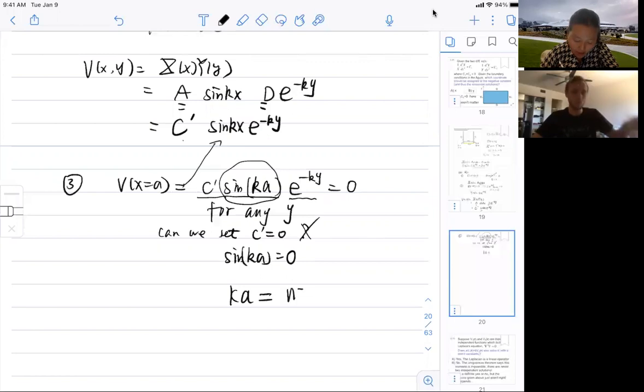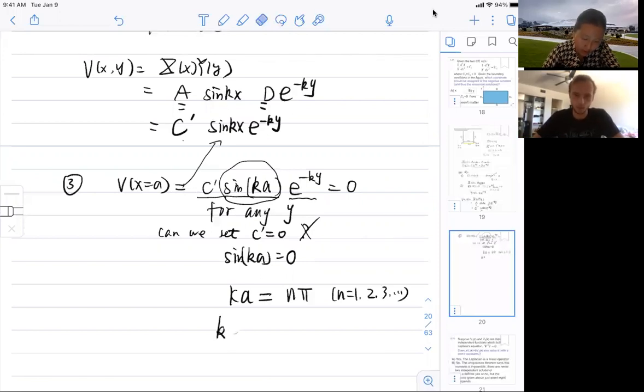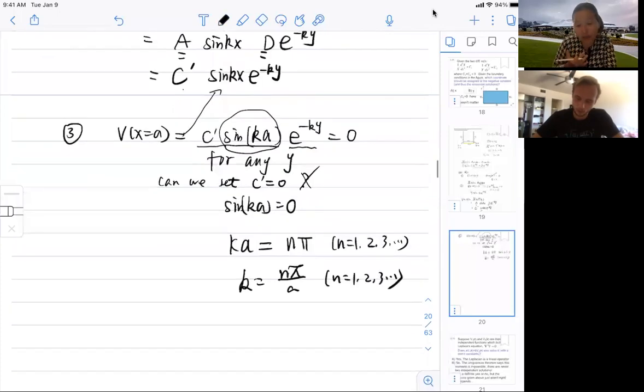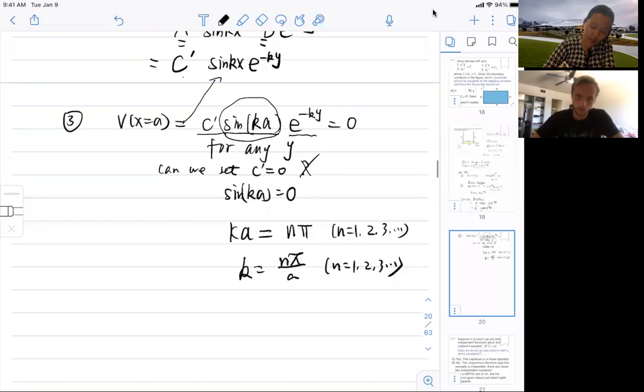Yes, n could be 1, 2, and 3, and so on. So that our k is now n pi over a. Another variable that we haven't figured out before, but now we did. So this is our separation constant, k.